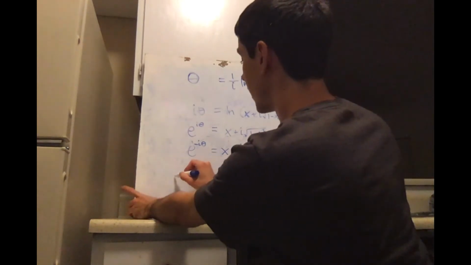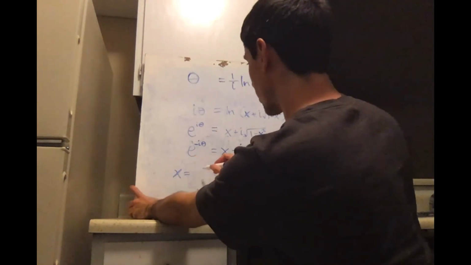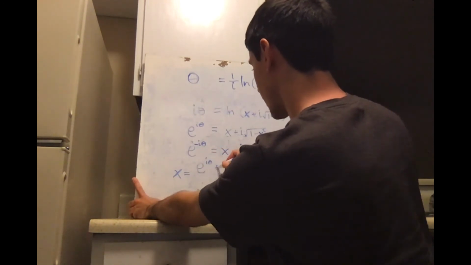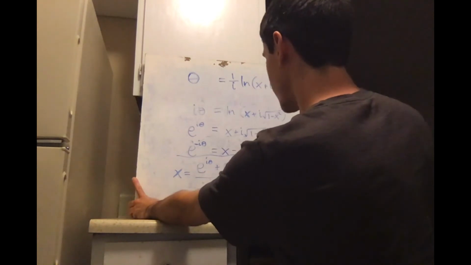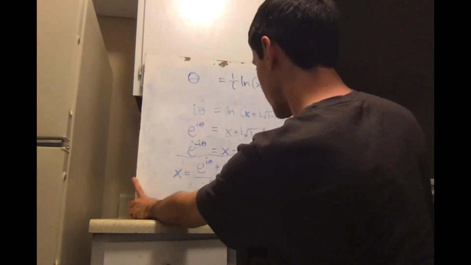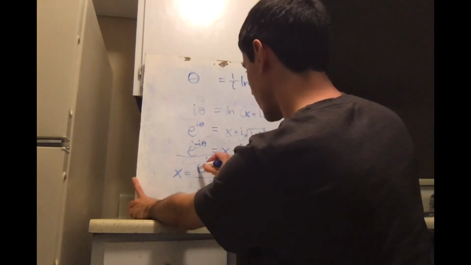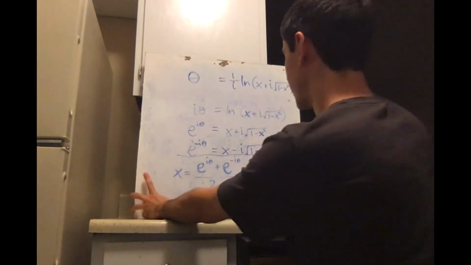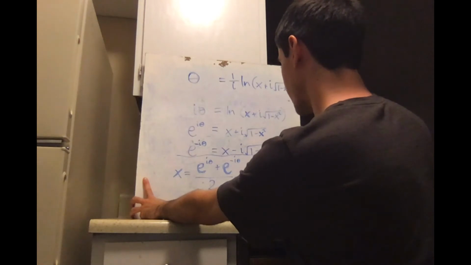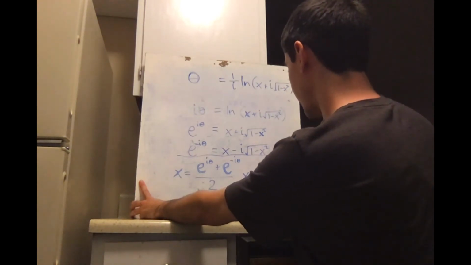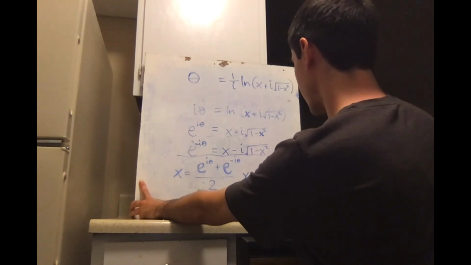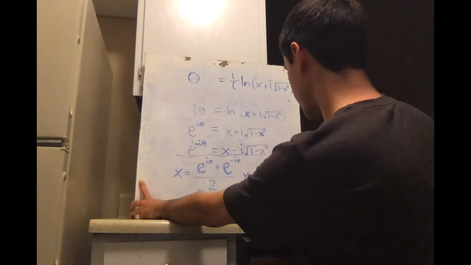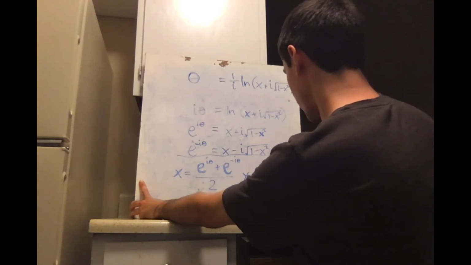And so then x equals e to the i theta plus e to the minus i theta over 2, and y equals, I'll just put it all over 2i, e to the i theta minus e to the minus i theta all over 2i.